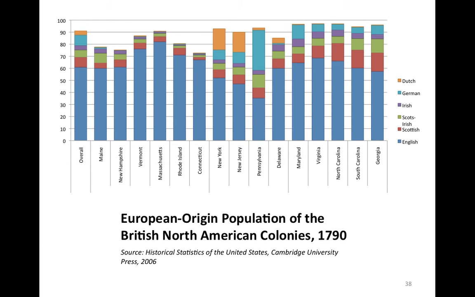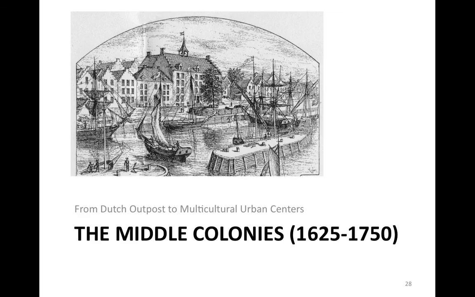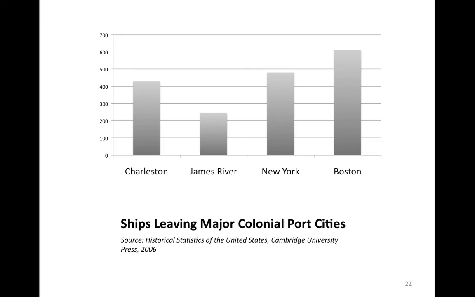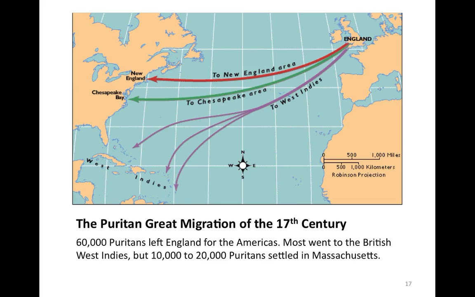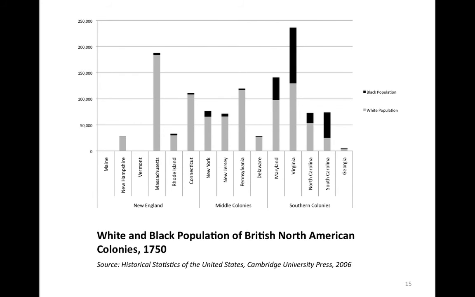And then lastly, the other thing to say about this is that the enslaved population of the middle colonies may have been smaller compared to the southern colonies. But in places like New York and Pennsylvania, there was a lot of urban slavery.